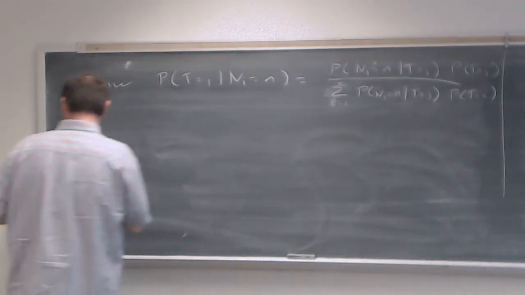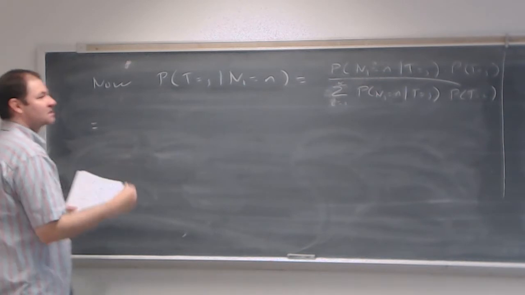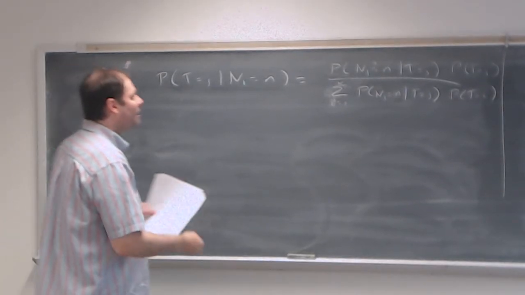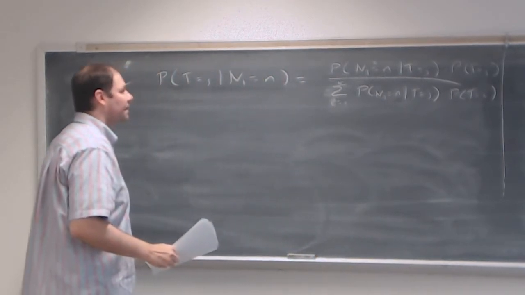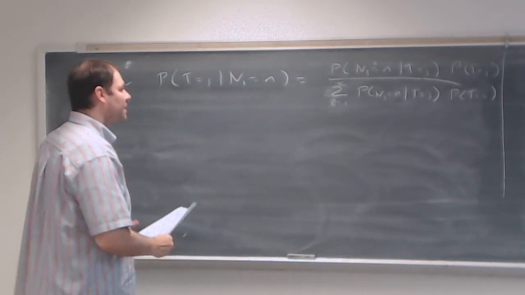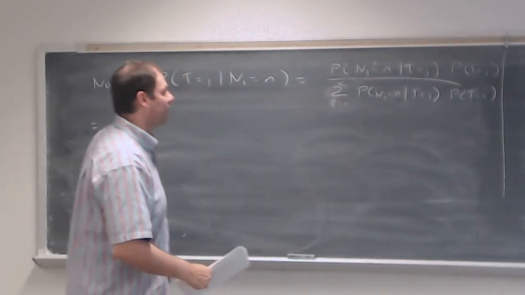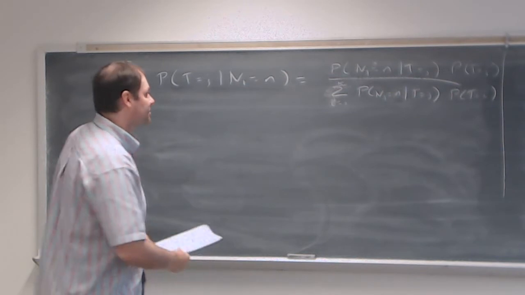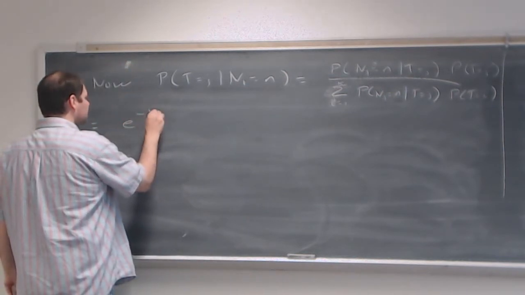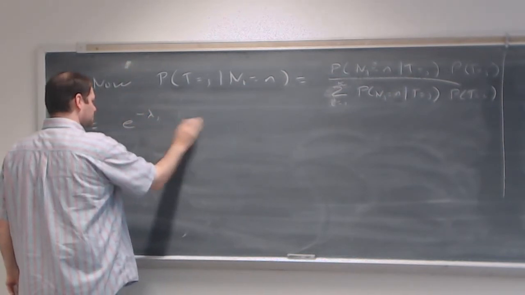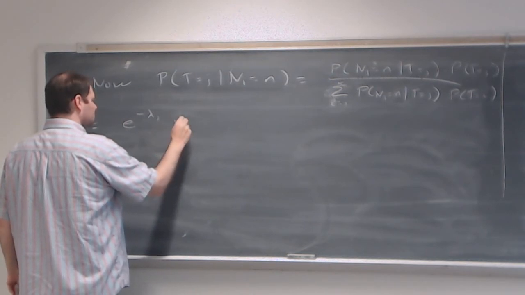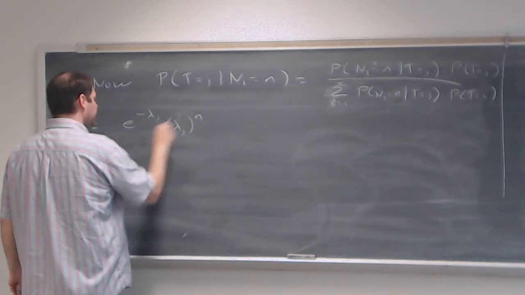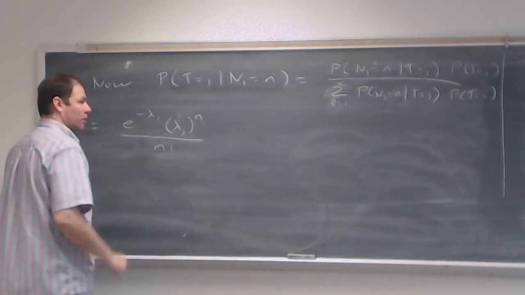That's what I'm using. Okay, now the top, we're saying j is kind of like a fixed number. So given that she's type j, the probability that N sub 1 equals n, well, this is a Poisson distributed random variable. Its parameter is going to be lambda sub j, so it's e to the minus lambda sub j, lambda sub j raised to the n all over n factorial.